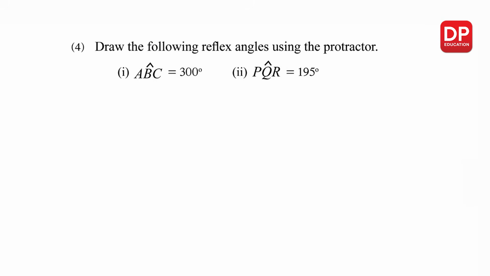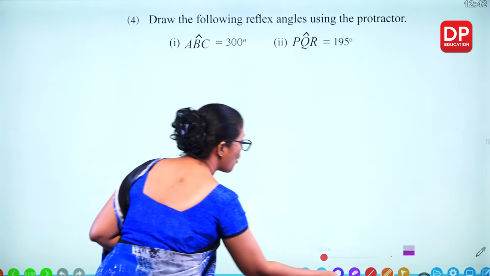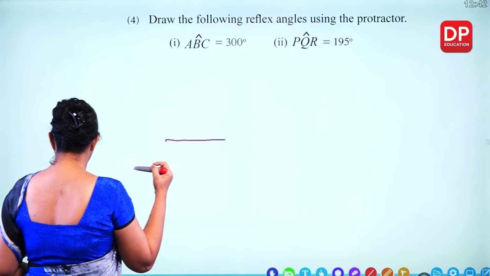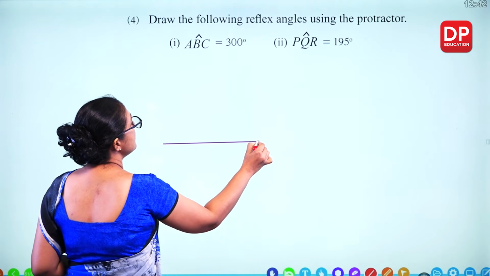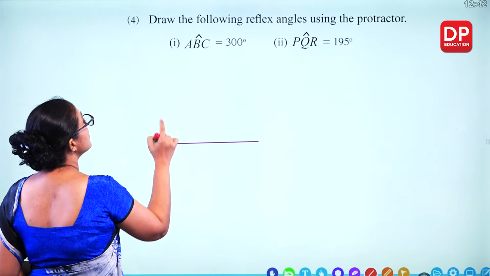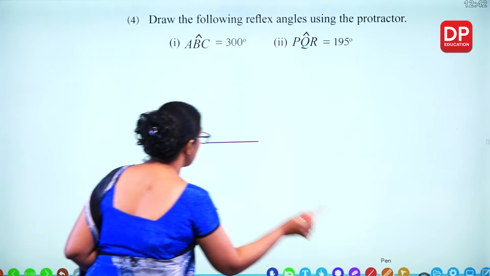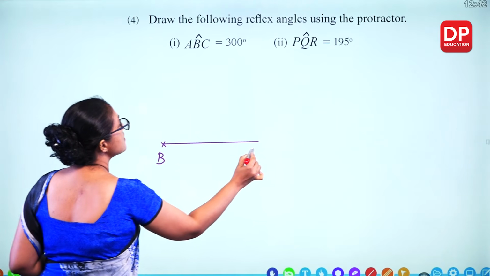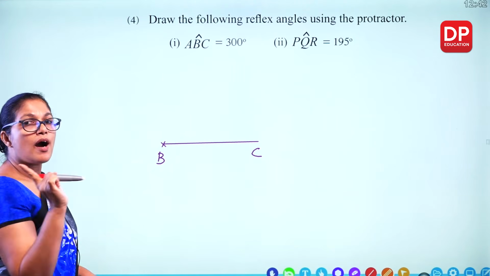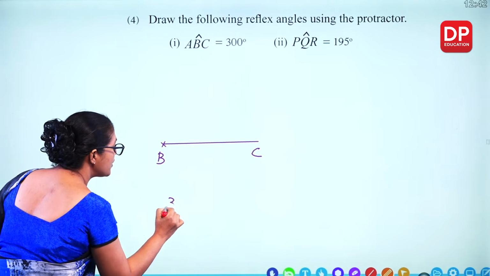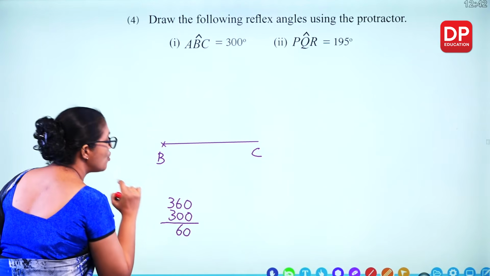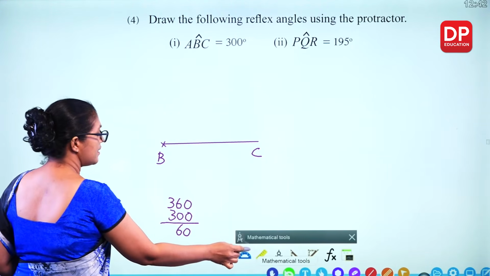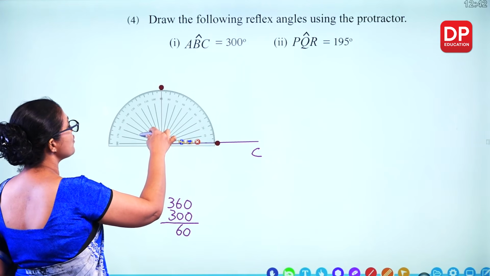Draw the following reflex angles using the protractor. 300 degrees. So what you do, you draw a straight line first and mark the point B. That's the point B. And see here, 300 you can't measure. So what you do, 360 minus 300, 60 degrees. So you can mark a 60 degree angle using the protractor.